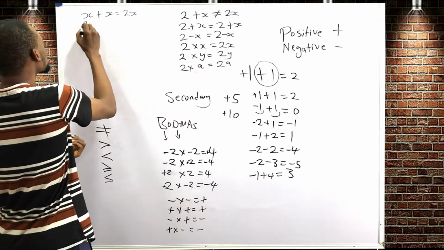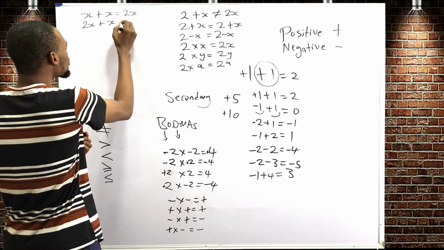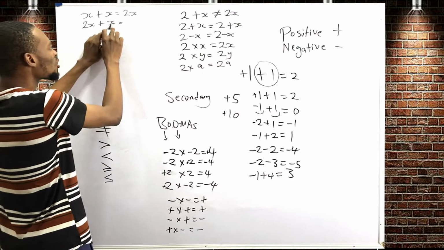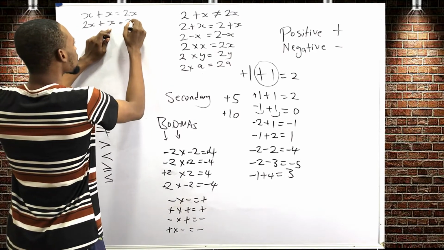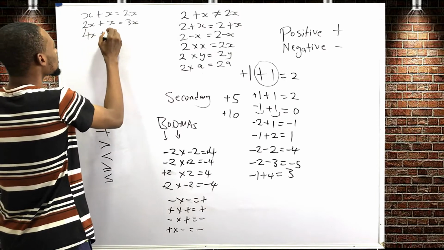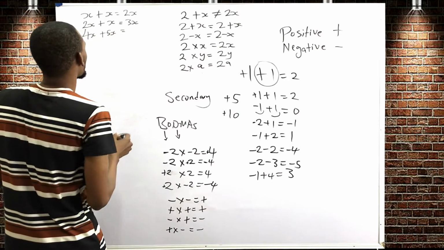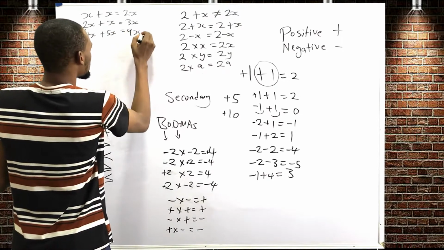Then 2s plus s is equals, you already have 2s, you are adding 1s, so this will give you 3s. 4s plus 5s will give you 9s.